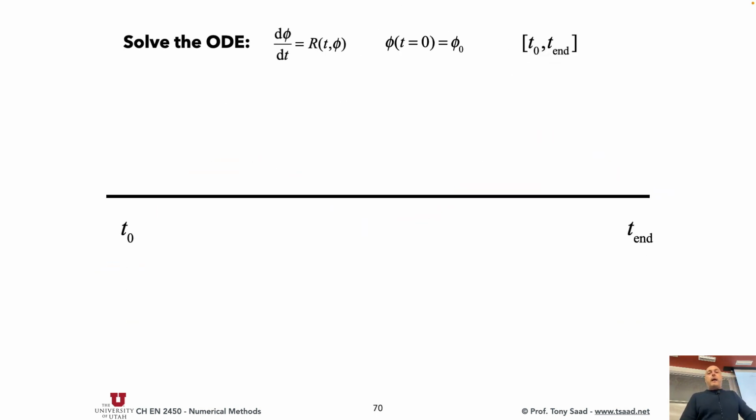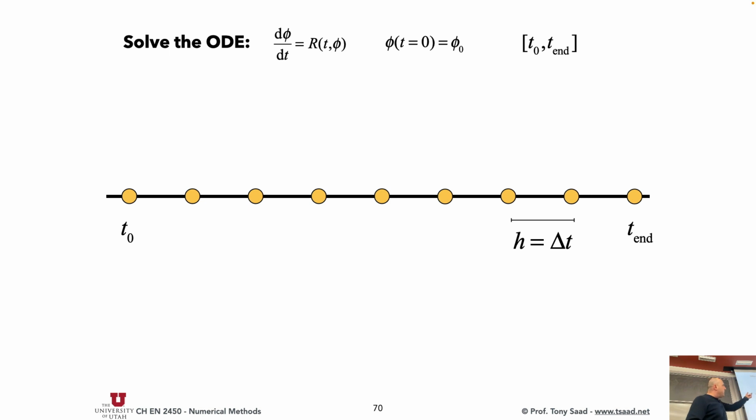So just like what I showed you last time, we're going to divide this interval into discrete points. This is called discretization. When we did the heat transfer problem, we did that discretization in space. So our domain was the rod. Along the length of the rod, we chose discrete points, and our spacing was delta x. Same here. We're discretizing in time.